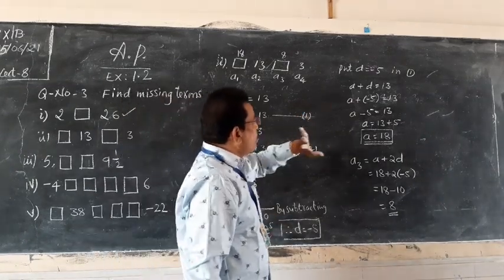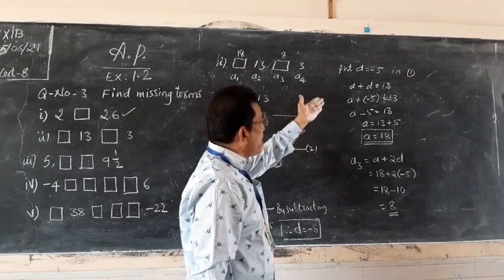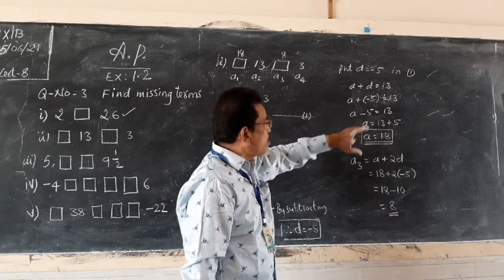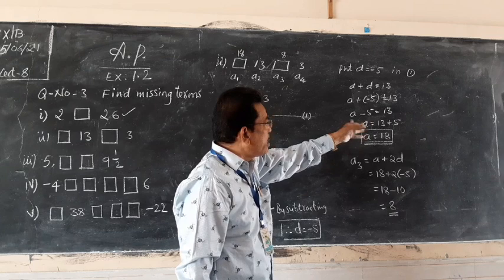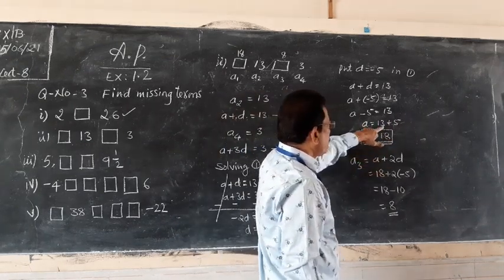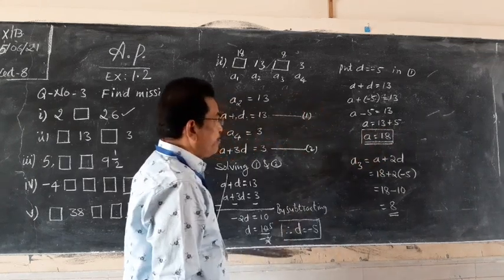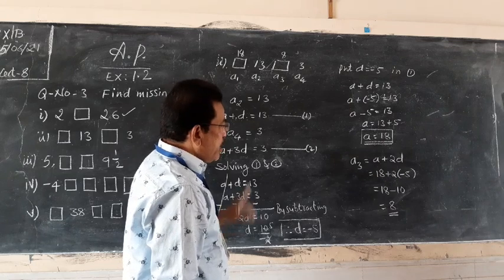After getting d equals minus 5, we have to find the first term, that is a plus d equals 13. a plus of minus 5 equals 13. a minus 5 equals 13. a equals 13 plus 5, minus 5 is transferred. So transpose, that is 13 plus 5, a equals 18.